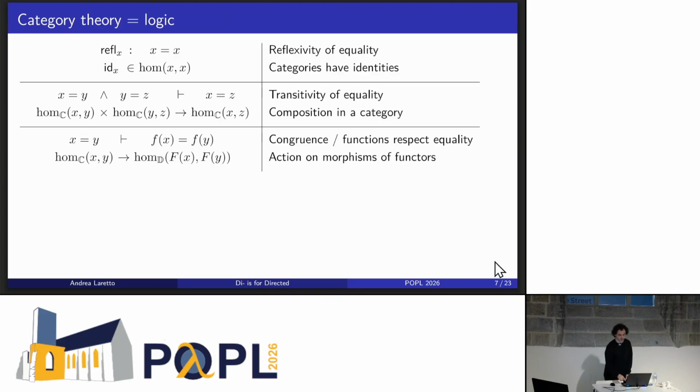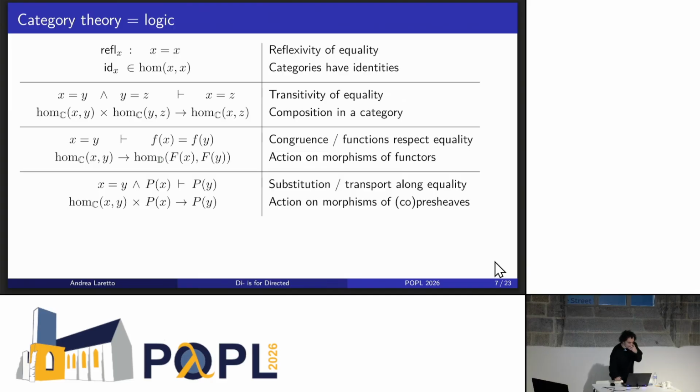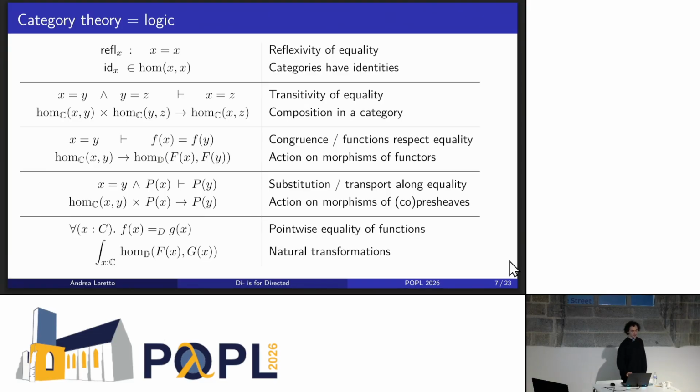So you see the connection here. And then the idea is that for predicates, you can think of them as presheaves in the semantics, and transport becomes just the fact that these have a functorial action. And now, interestingly, point-wise equality of functions becomes the notion of natural transformation. Again, here we're using this integral symbol called an end to represent the for all. And again, equality becomes this hom type.